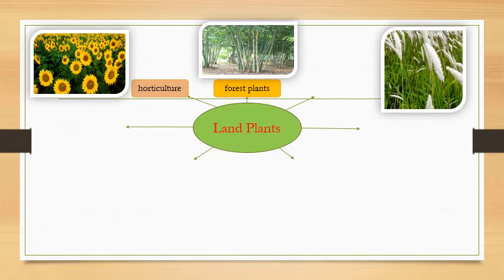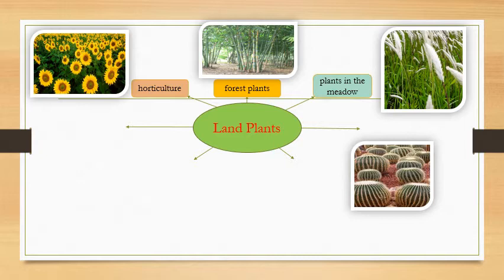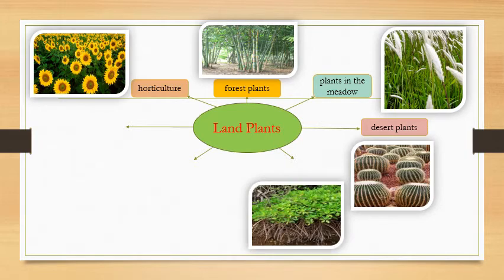We have also grass, that they are called plants in the meadow. We have also cactus that is called a desert plant because they grow in the desert. We have also mangrove plants that grow in the mangrove area.